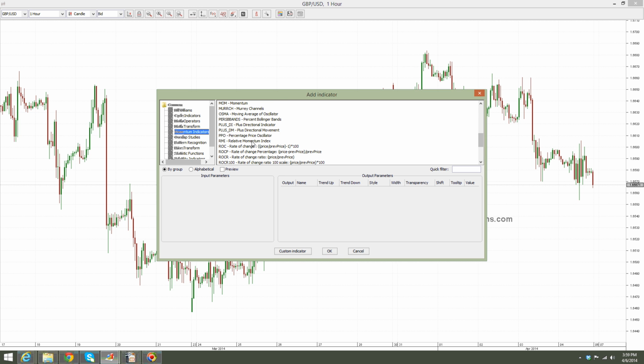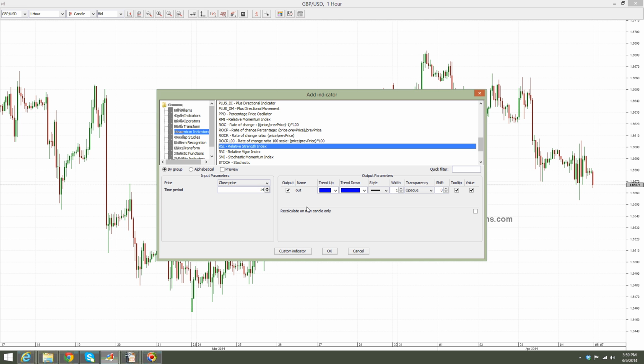So this is the relative strength index, and if you click on it, this is the oscillator. My recommendation is to always use the standard or default period there, 14. What does it mean?